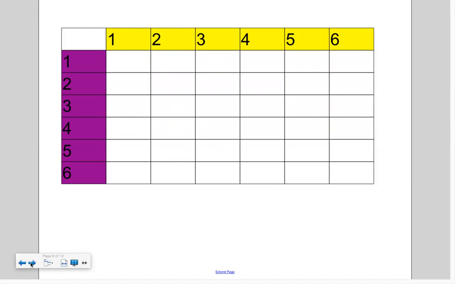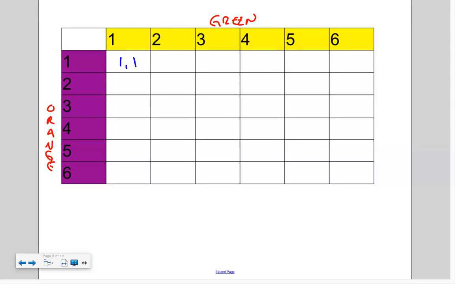Every time I roll, we'll call this one the green and this one the orange. Or if you want to say yellow cube or purple cube, that's fine too. So this is where I roll 1 with both of them.